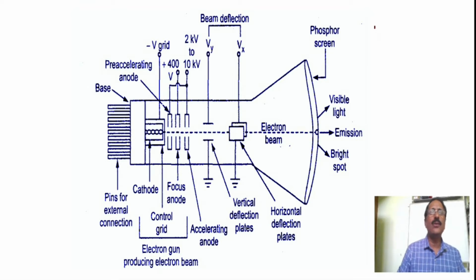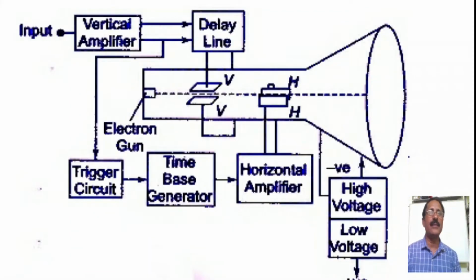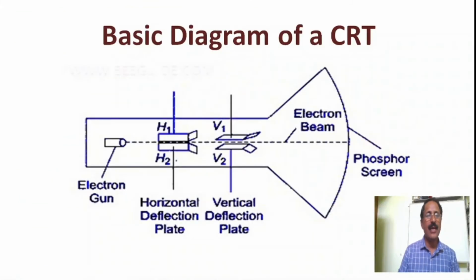The cathode ray tube is called the heart of the oscilloscope. The rest of the instrument consists of the circuitry necessary to operate the CRT. This CRT essentially consists of three basic components.